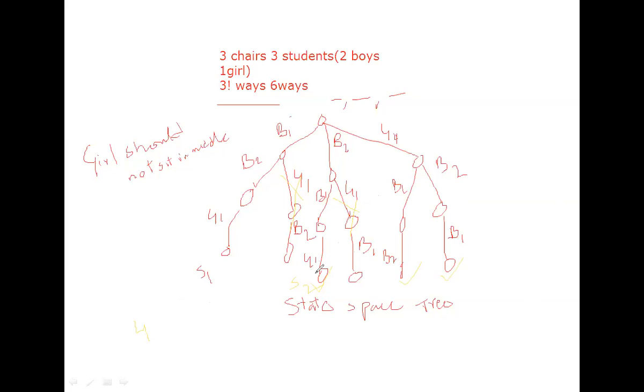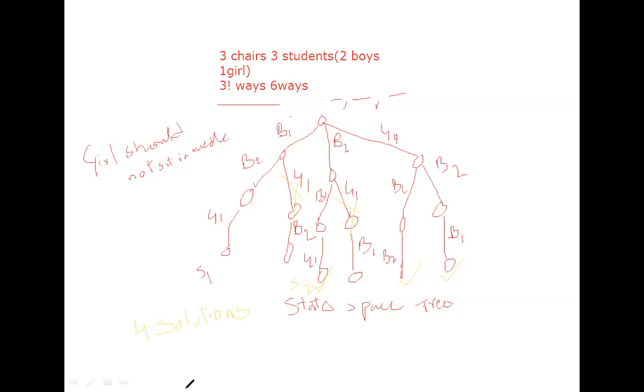So what does the bounding function mean? If we reach the last level, we get the solution. So how many solutions do we get? We get a total of 4 solutions for this example. So this is our backtracking. By considering the constraints, we have to use the backtracking method.